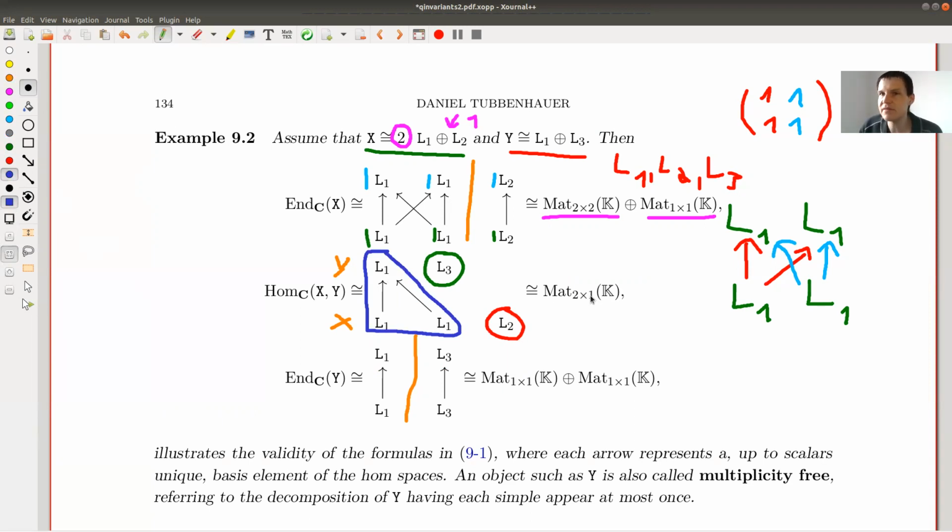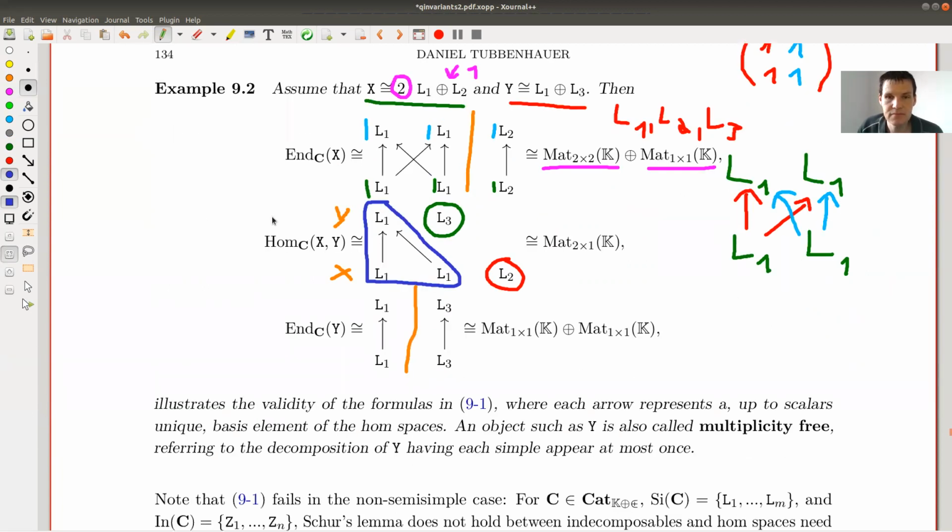You just write down your symbols in a semi-simple category, and you know what the home spaces are. It's just a counting problem. Look at the size, look at the numbers, and you know what the matrices are. And this case is a bit special here, because Y is then called multiplicity free, and you can see why, because in the multiplicity-free case, home spaces are just direct sums. So of course, one by one matrices are just the ground field.